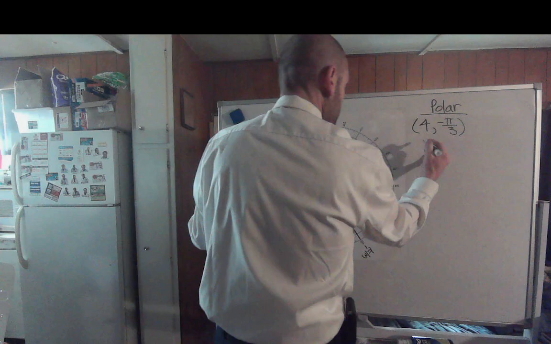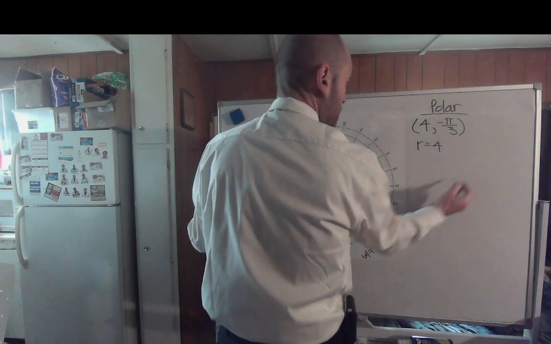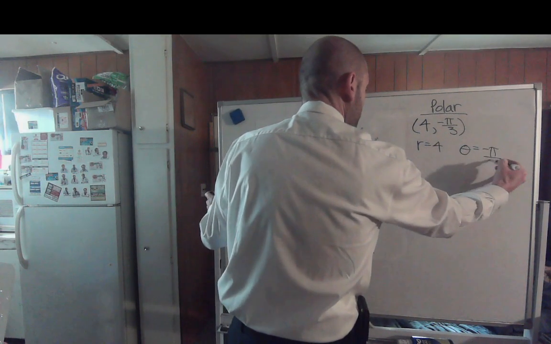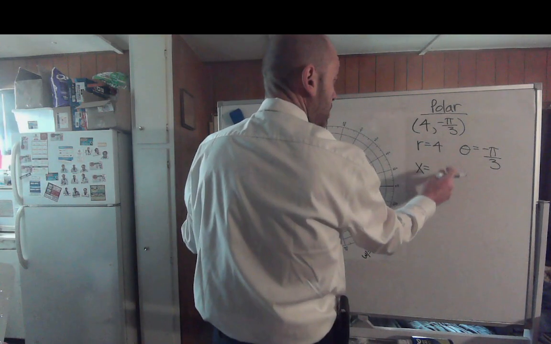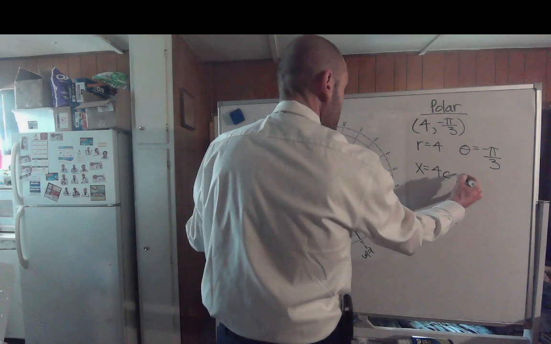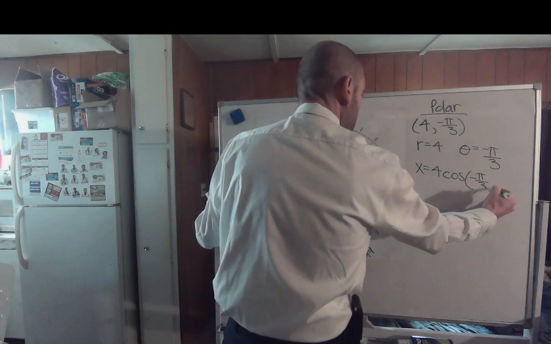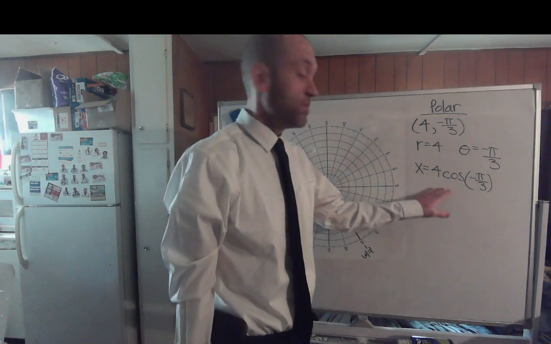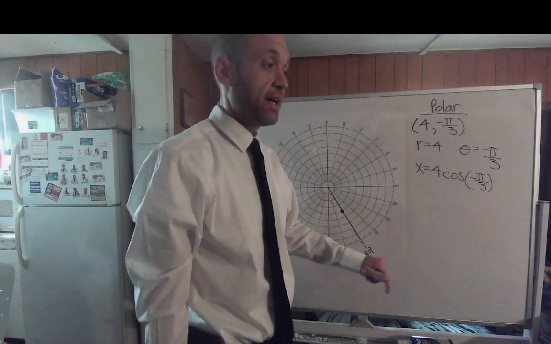So r is the first coordinate of my polar, so r equals 4. My theta equals negative pi over 3. So that means that x should equal r times the cosine of theta, or 4 times the cosine of negative pi over 3. Well, what's nice about cosine is we can use even and odd identities for cosine and sine.